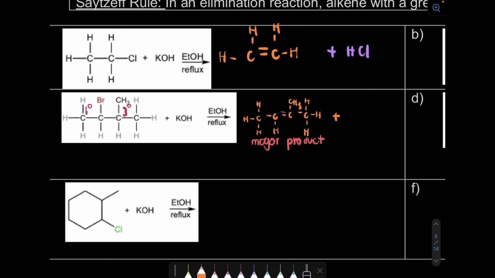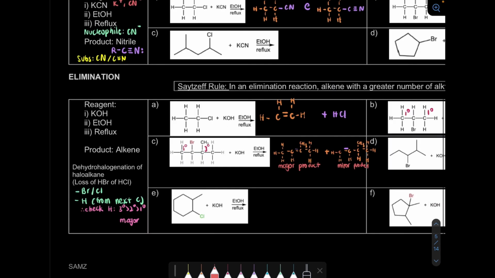Okay, so again the major product because we remove hydrogen from our tertiary carbon. So right now I'm going to draw the minor one. So for the minor one, I'm just going to copy paste it here. Cuma, okay, padam sikit yang double bond ni dulu. Okay, yang ini. So it's between carbon number 1 dengan carbon number 2 yang I'm going to remove my HBr. So this is my minor product.